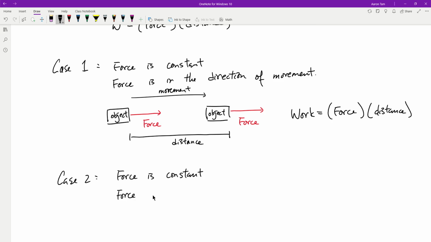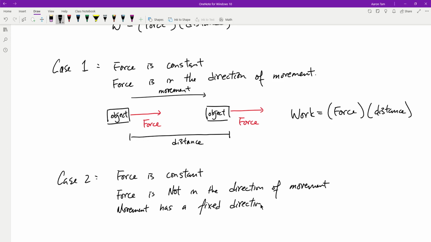But in this case, the force is not in the direction of movement, but the direction of movement is still fixed.